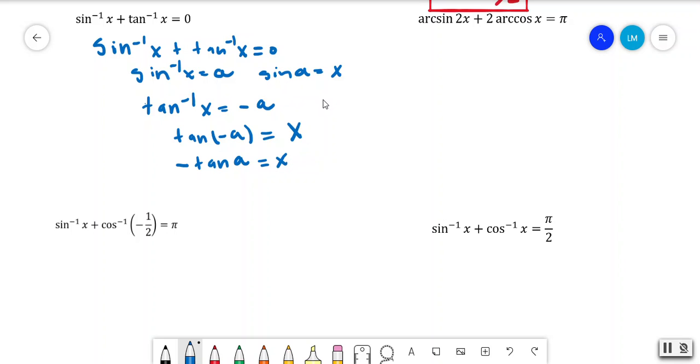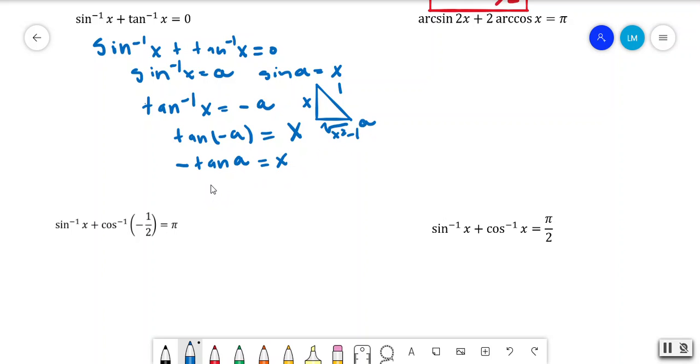Now it's just a matter of putting everything together. From sine of a equals x, the adjacent side is the square root of x squared minus 1, with an a right there.